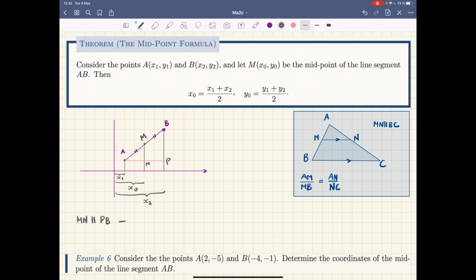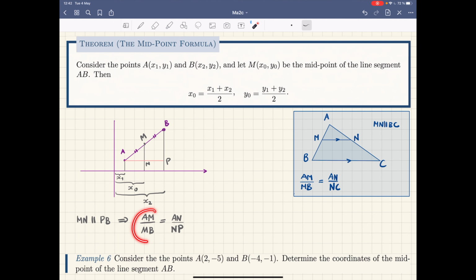So this means that I can write AM over MB is equal to what? AN over NP. Do you agree? If you have forgotten, you can just trust me on that. We had this before, so I am using that and I wrote this.